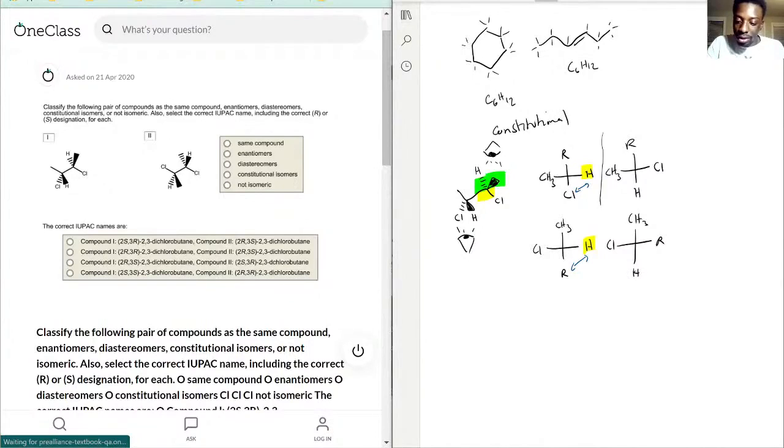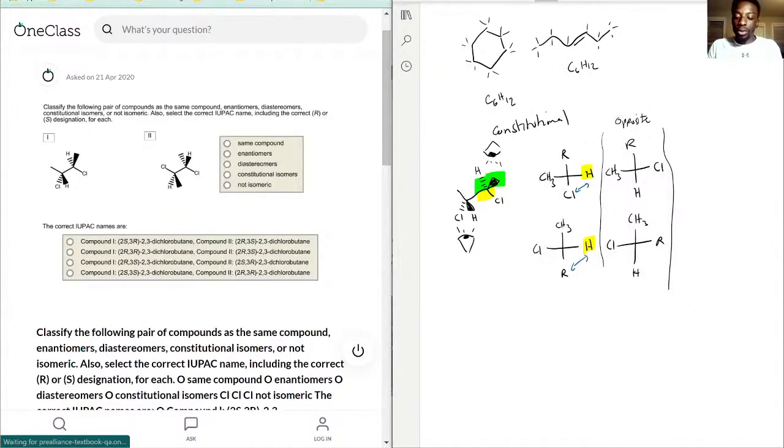Now remember, this is the opposite. But now that hydrogen is pointing into the page, we don't have to count it anymore. We do our rotations based on the strongest group, and we move from there.